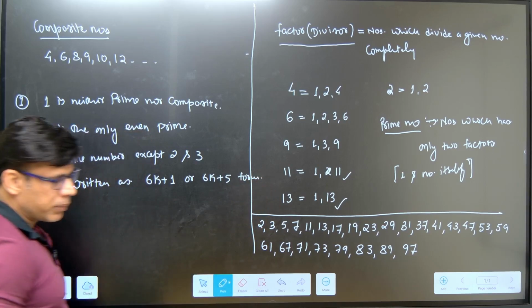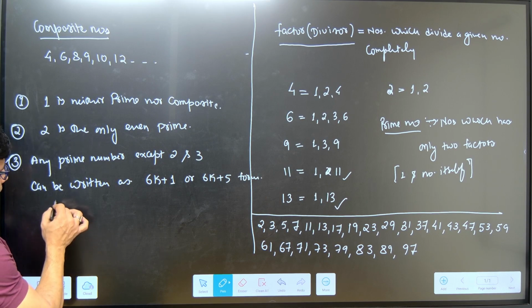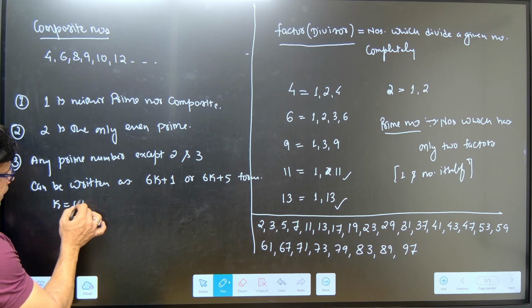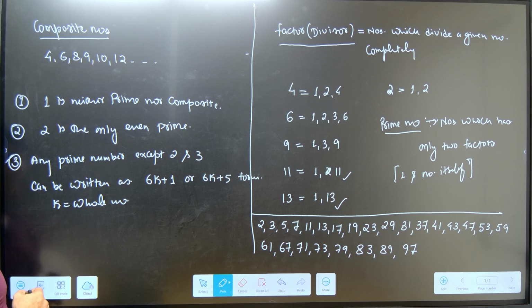If you pick up any prime number except 2 and 3, you can write that number in the form of 6k plus 1 or 6k plus 5, where k is nothing but a whole number.